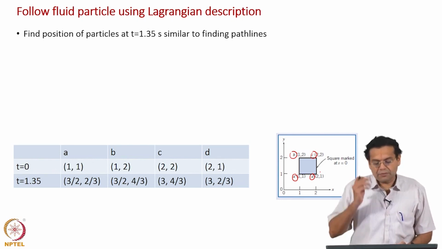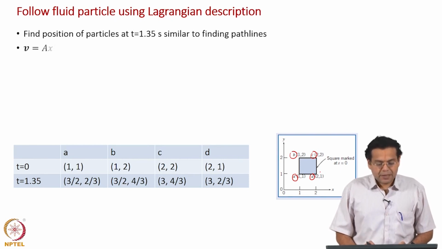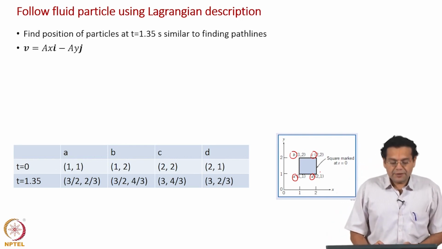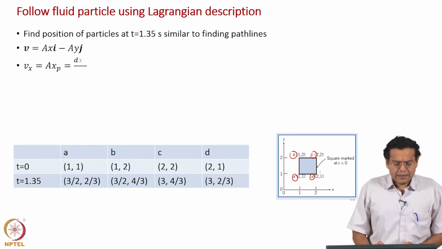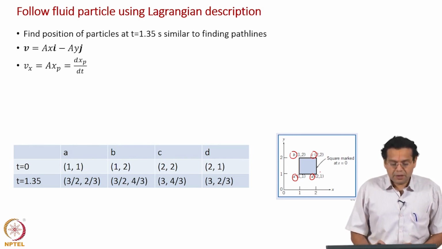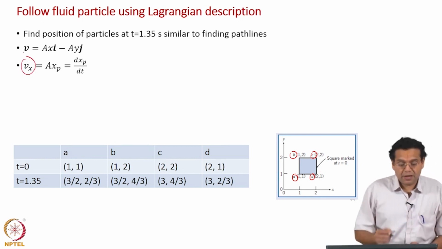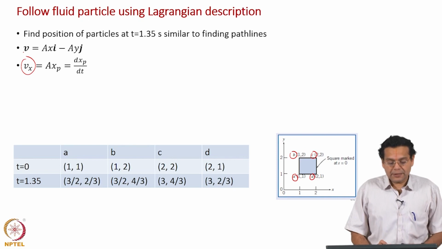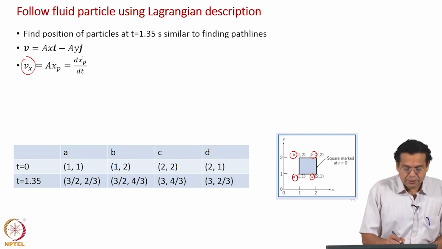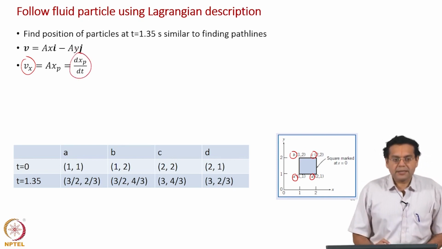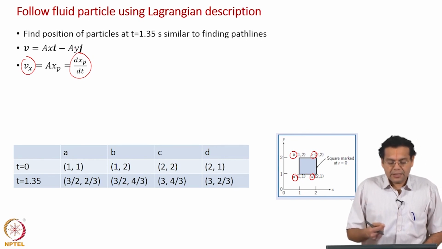We will have to recall what we discussed when we did examples on path lines and the theory for path lines. That is the velocity field. For finding the path line, the physical principle we used was that the velocity of the fluid, that is the Eulerian description, is equal to the velocity of the particle given by the rate of its displacement, in the present case in the x direction.